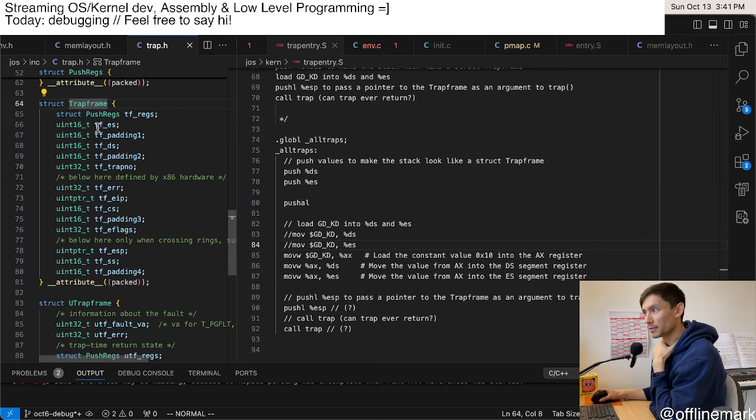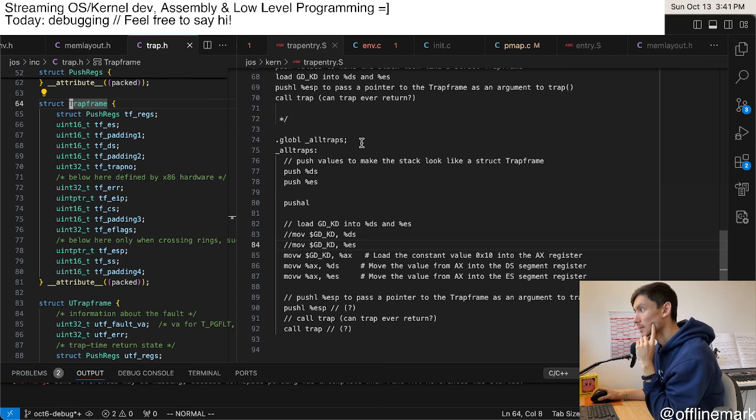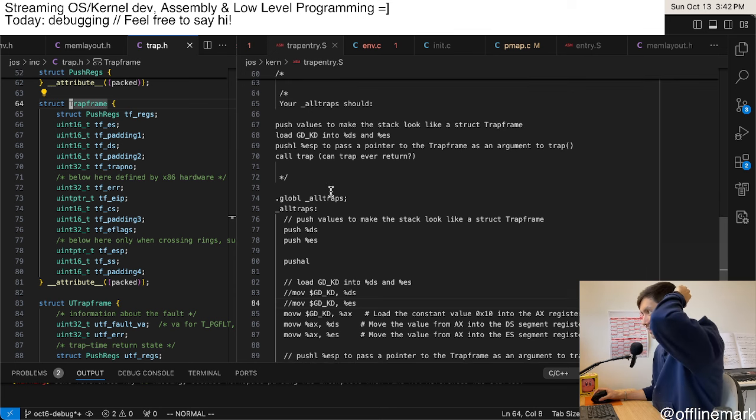Yeah, so the trap frame, something like this, maybe. So, yeah, it's also been a minute.